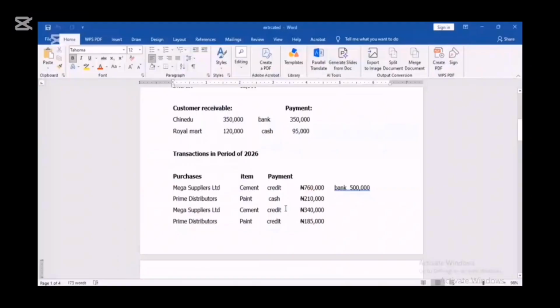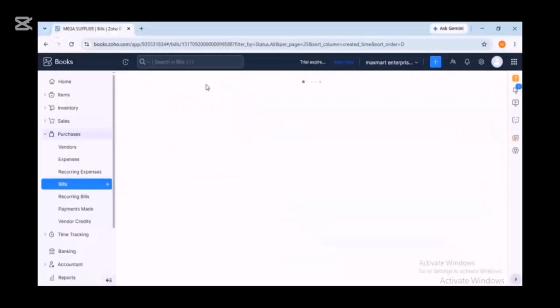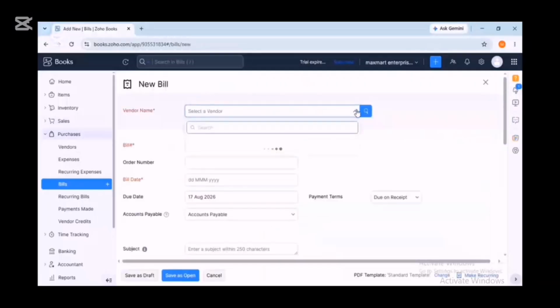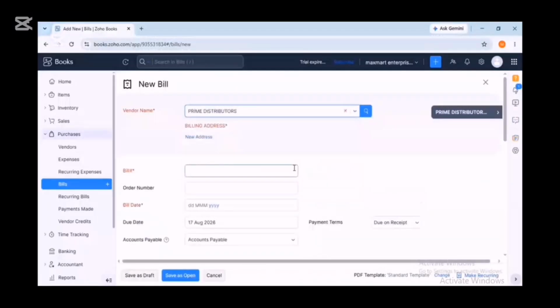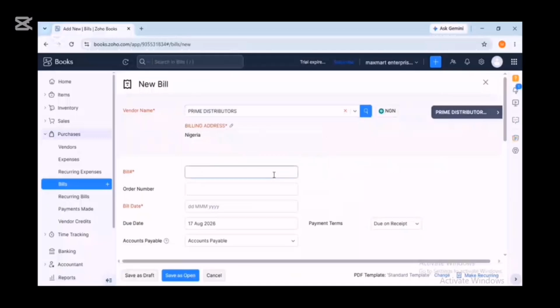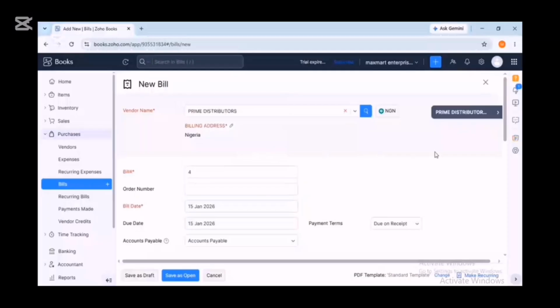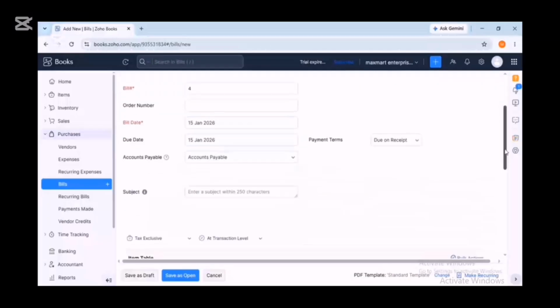So that's that. Then the next transaction is Prime Distributor. We've already established those vendors, so we are entering those transactions straight away. From Prime Distributor, another credit. Let's enter that. Let's backdate because we are reconstructing what has been done previously. Alright, let's drag it down.